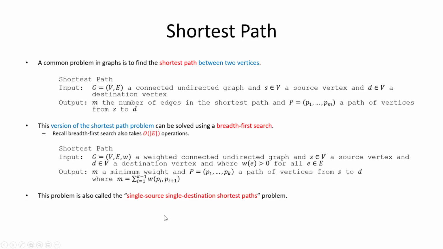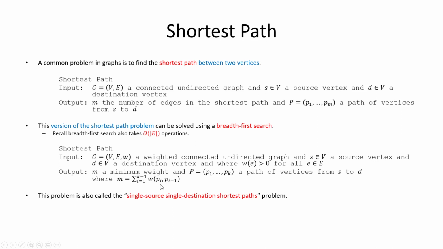This particular variant might more commonly be called the single source, single destination shortest path, because we state a single source and a single destination, and we just want to know the shortest path between them. This raises the possibility of other shortest path problems we could talk about.